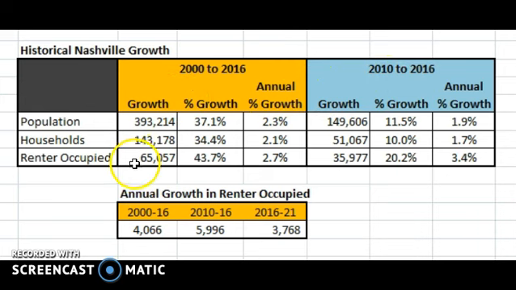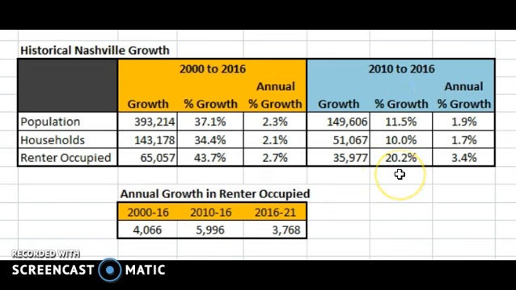It gives you the percentage growth over that whole 16 years, and in this case over the 5 years, and then averages that over the 16 years and over the 5 years. It looks like the growth, at least on renter-occupied housing units, accelerated a little bit in this period from what it was here. It's pretty strong all around.